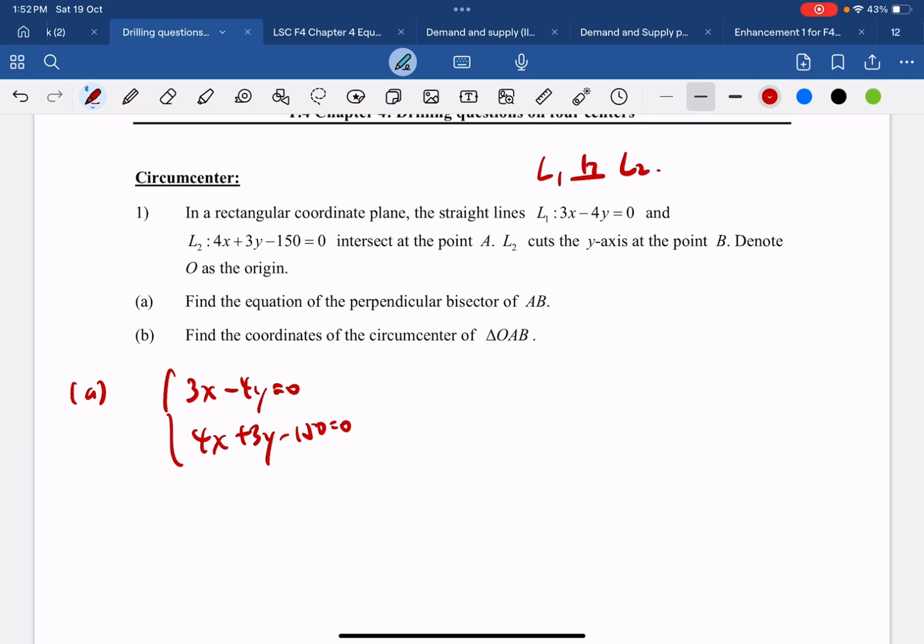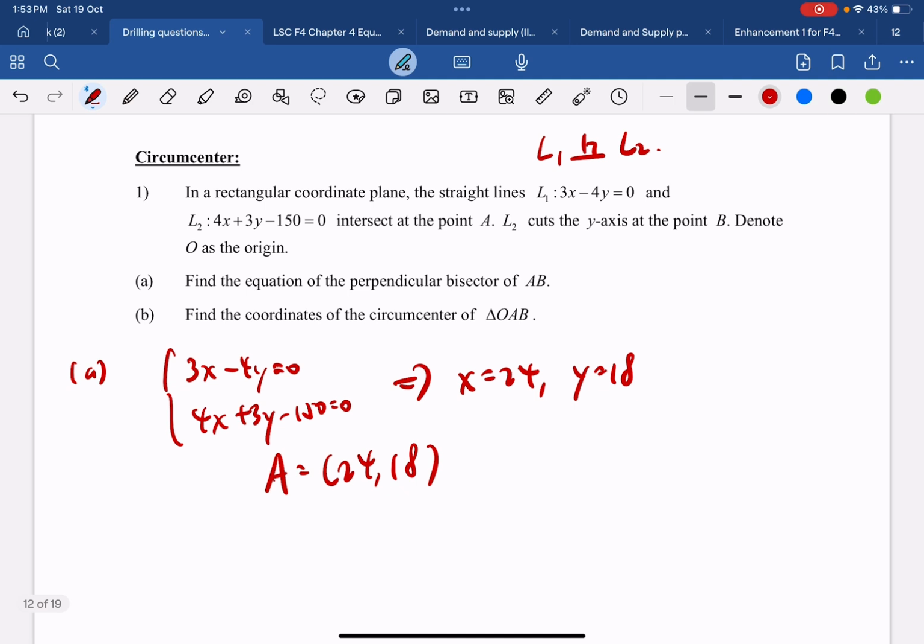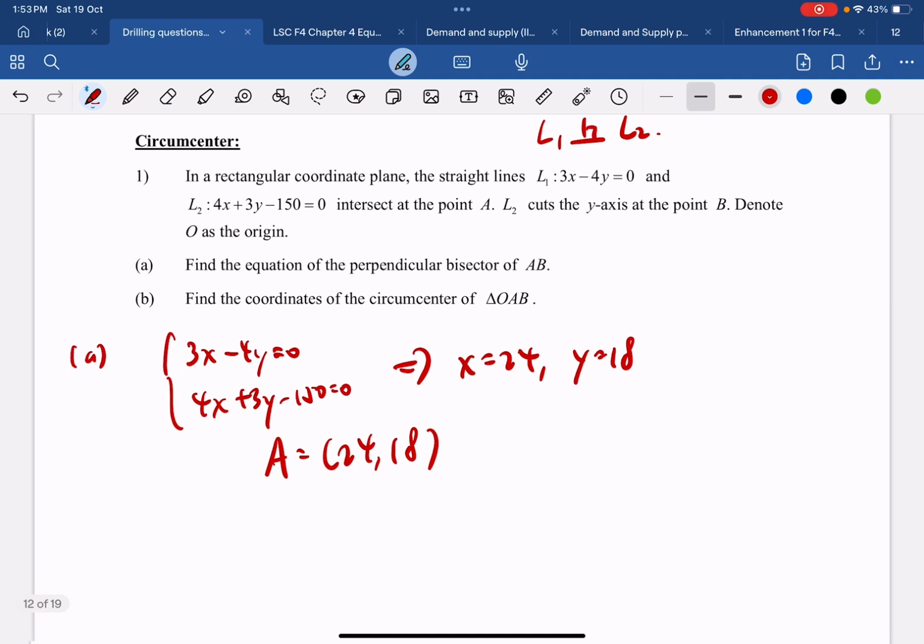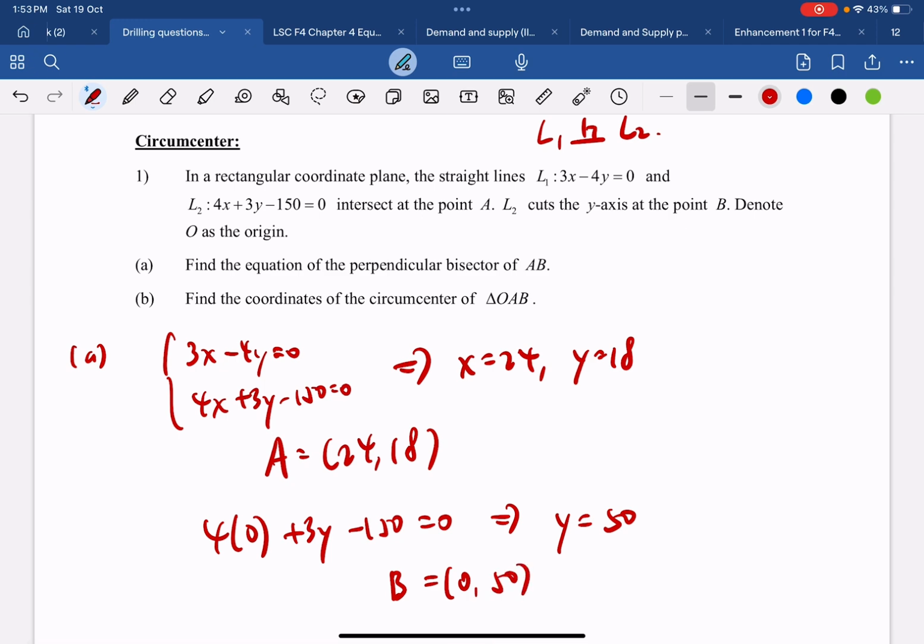After solving it by program, you would get x is 24, y is 18, which means A is (24, 18). Then L2 cuts the y-axis at point B, so B is the y-intercept of L2. Substitute x is 0, then we get y is 50, so B is (0, 50).